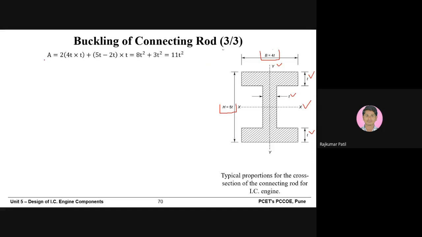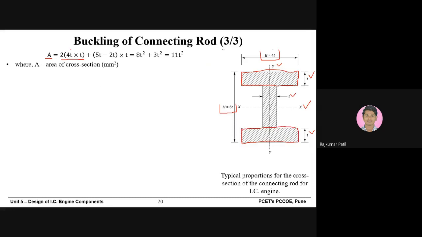So we will derive the cross section area A. It is 2 into 4t into t, so in order to calculate the cross section area, you can see here the upper flange and the lower flange. The formula is very simple: 2 into 4t into t.